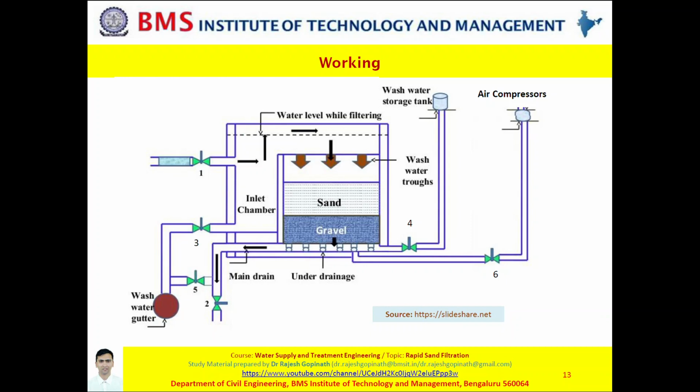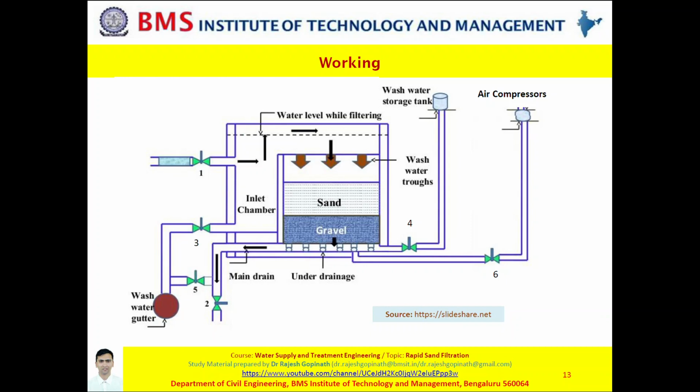What happens now? The water which is rising will fall into the inlet chamber. When it enters the inlet chamber, it obviously cannot go into 1, it tends to move towards 3. Since 3 is opened, this wash water goes to the drain.